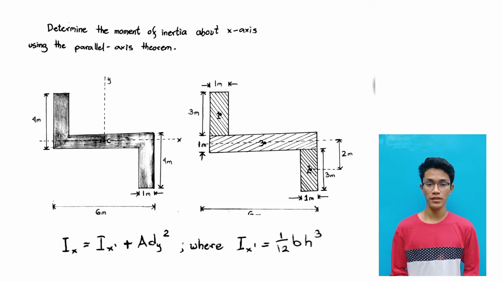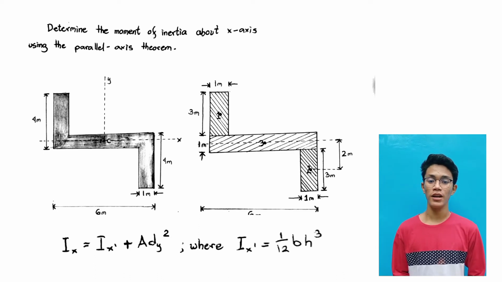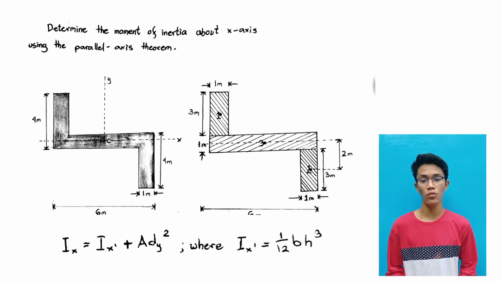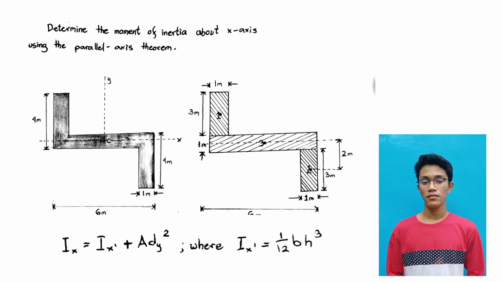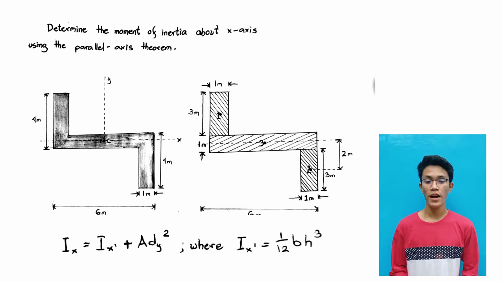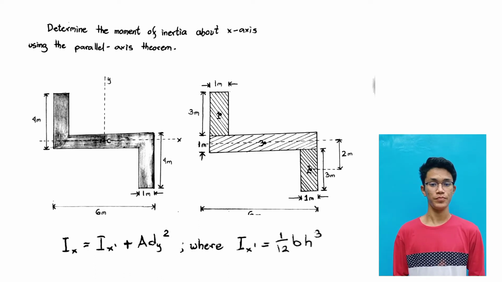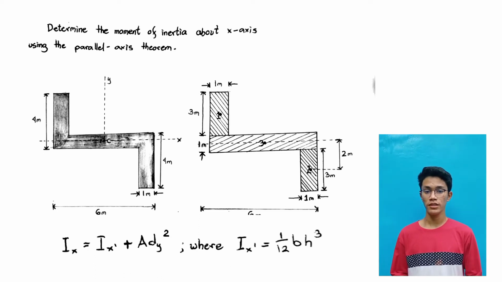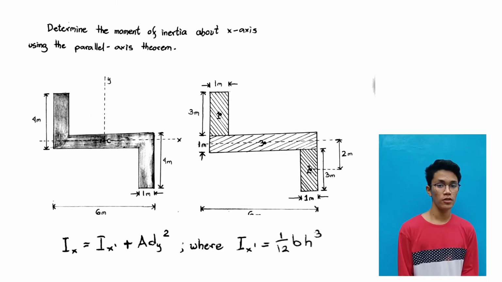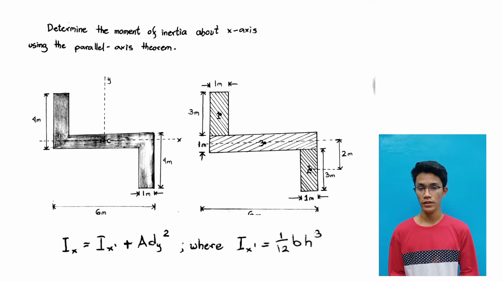Since our figure has a rectangular section, the value for Ix prime is equal to 1/12 base times height cubed. Note that this equation is only applicable for rectangular shapes. Let us proceed on solving the moment of inertia of each section.